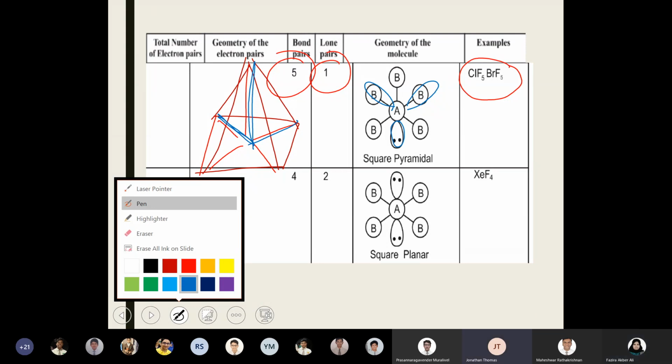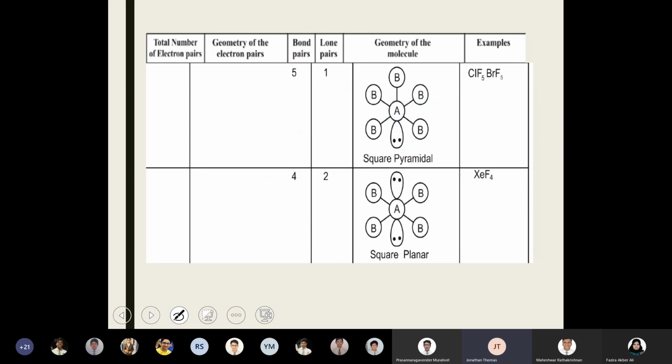Ma'am, whenever a lone pair is added, does the bond angle always decrease? Usually, the bond angle decreases, but the change will be very complex, especially in molecules containing more bonds and lone pairs. Because more lone pairs mean more distortion, the bond angle will change a lot, and it is very difficult for them to arrange in a plane or in a 3-dimensional arrangement.